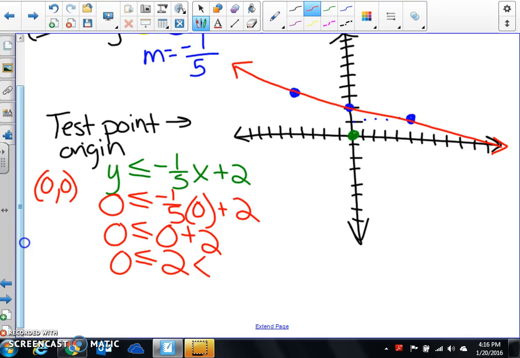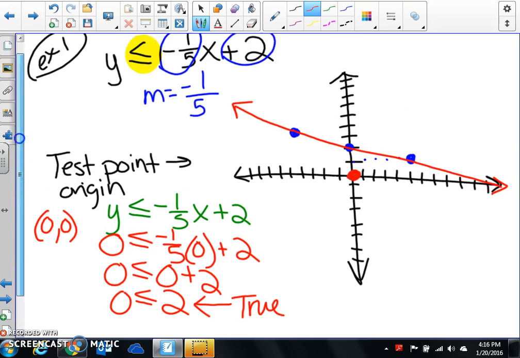So now I look at this. Is that a true statement? Remember, the alligator wants to eat the bigger number. So is 0 less than or equal to 2? Yes, that is true. So since it's true, I want to shade the area that the origin is in.